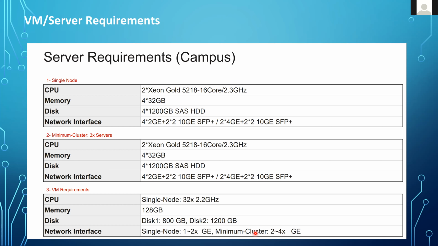And we need at least 2 NICs. You can use virtual NICs in your VM. So these are the requirements. You need at least 3 VMs with this configuration. So if you have a heavy server with a lot of memory and CPUs, then you can test this environment.